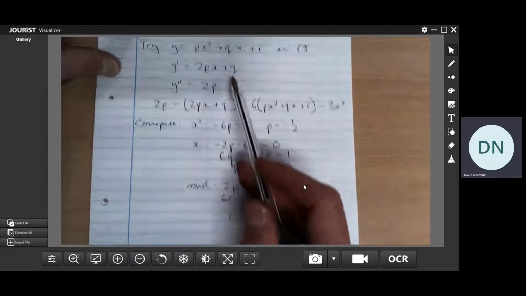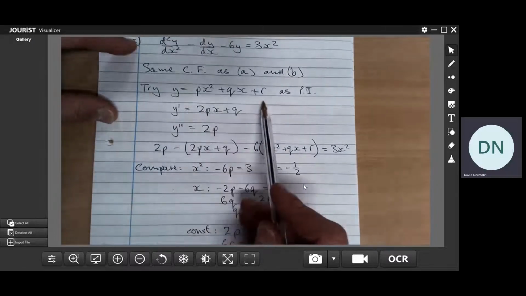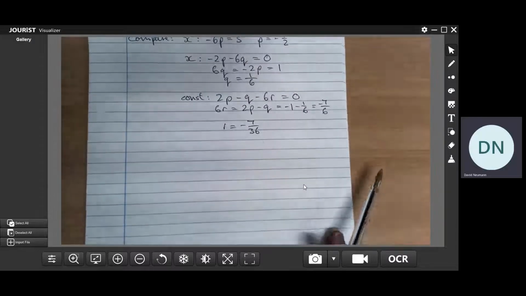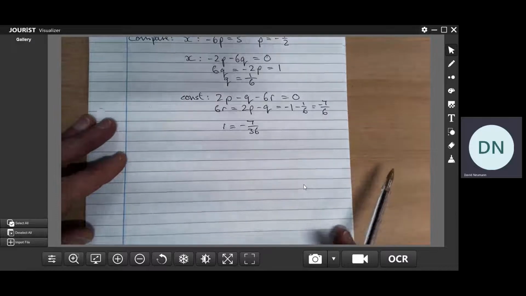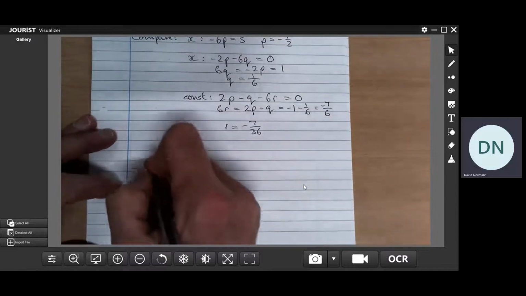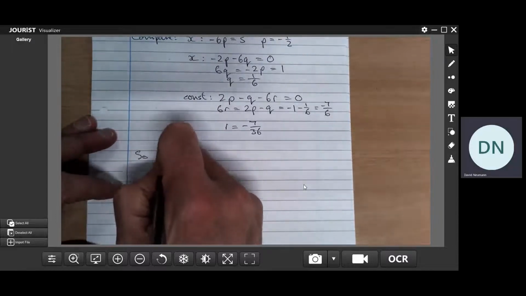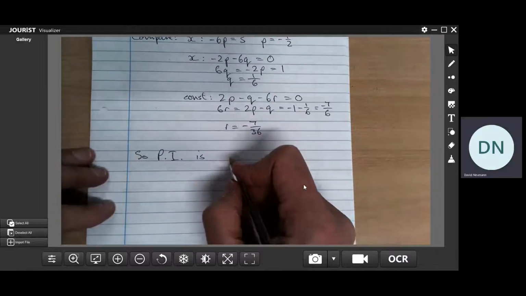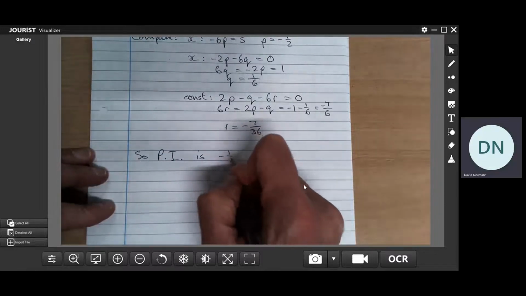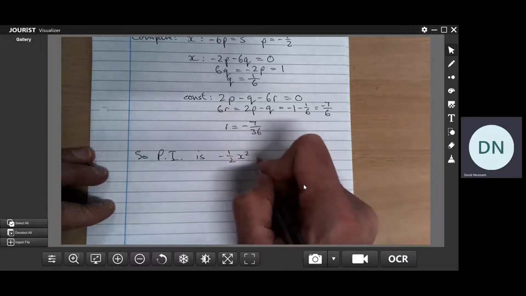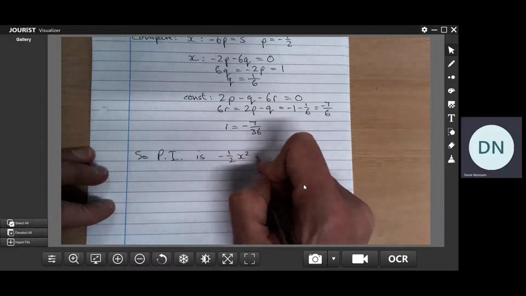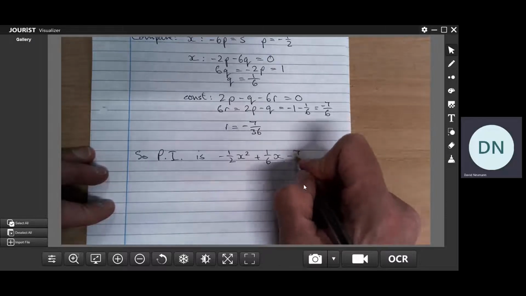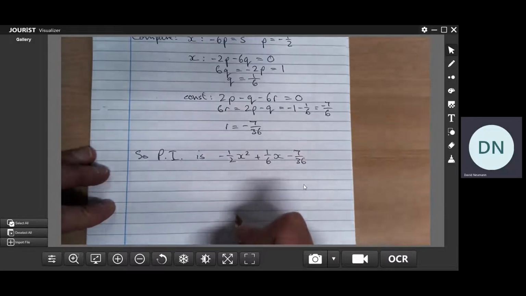So just going back to our trial for the particular integral, we've now found these p, q, and r. So we can now say what the particular integral is. So PI is, what was p? Minus a half x squared plus 1 over 6 x minus 7 over 36.